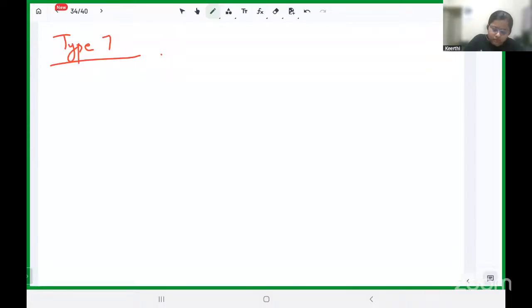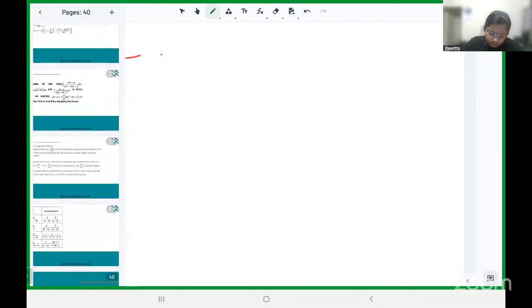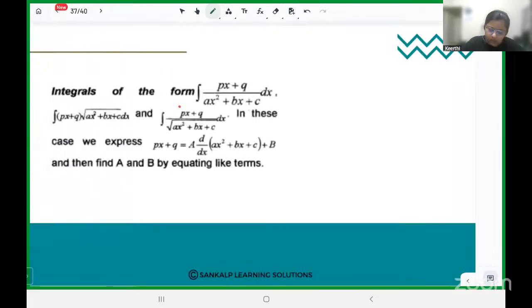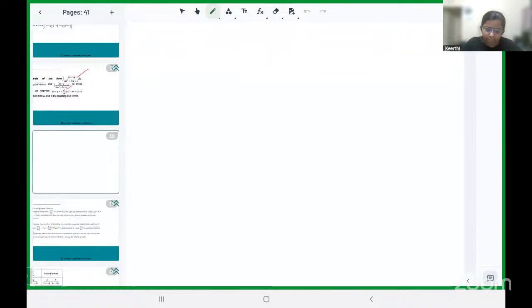So the integrals which are of the form px plus q by ax square plus bx plus c, and px plus q by root of ax square plus bx plus c. We'll discuss some questions from that.